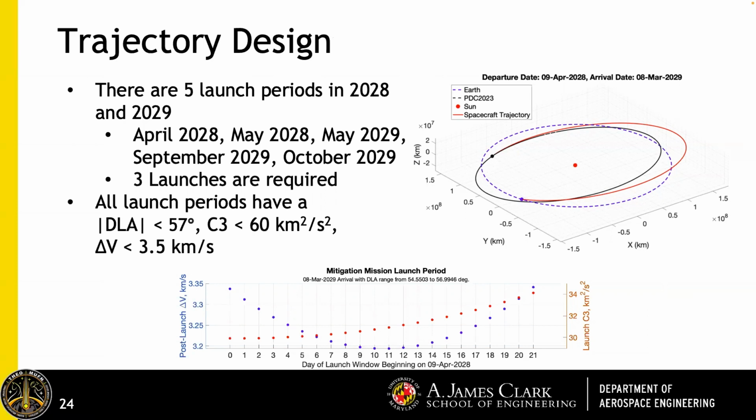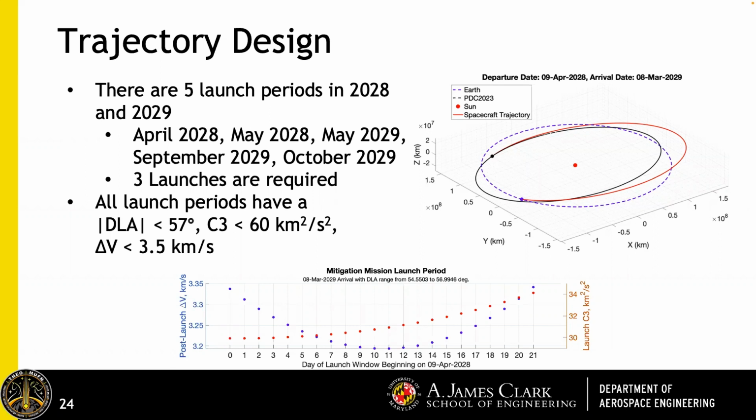So we have about 5 launch periods between 2028 and 2029 where we could launch. Again, each launch period is about 21 consecutive days in which we can launch on any one of those days and our mission will be successful. And again, our launch vehicle is putting us into that inclined orbit so that we don't have to do that ourselves, because that's a lot of delta V.